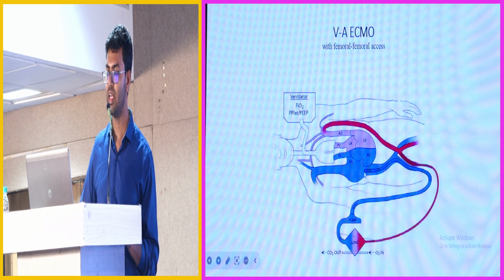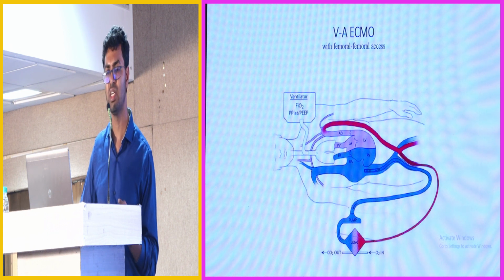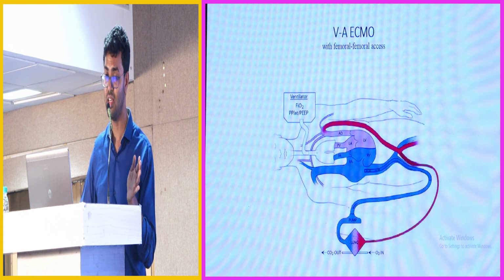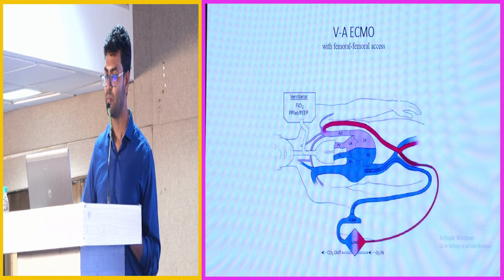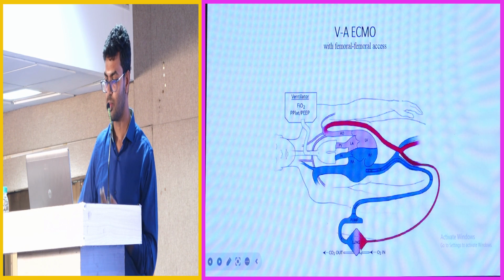What we do is we take the returning cannula, which is the same as before. We push it a little inside into the RA, so that it will collect more blood, and the blood will be oxygenated and pumped back into the femoral artery here. So blood is coming from here and getting oxygenated, and carbon dioxide is removed.